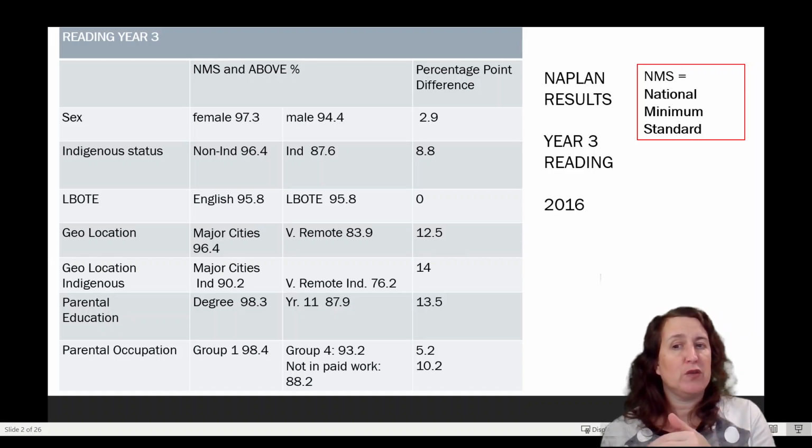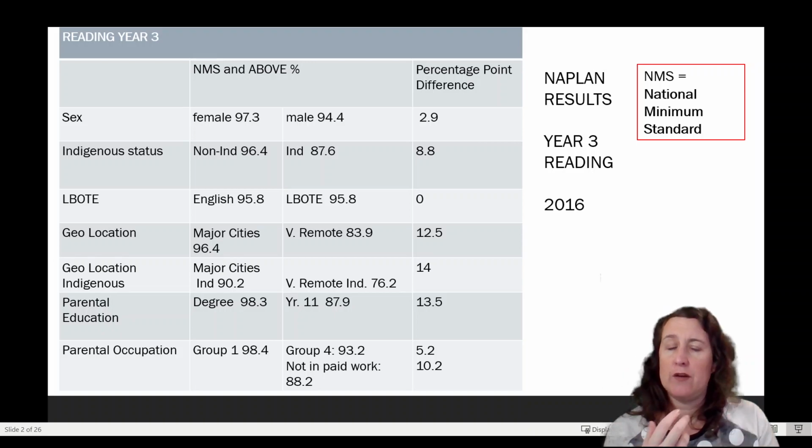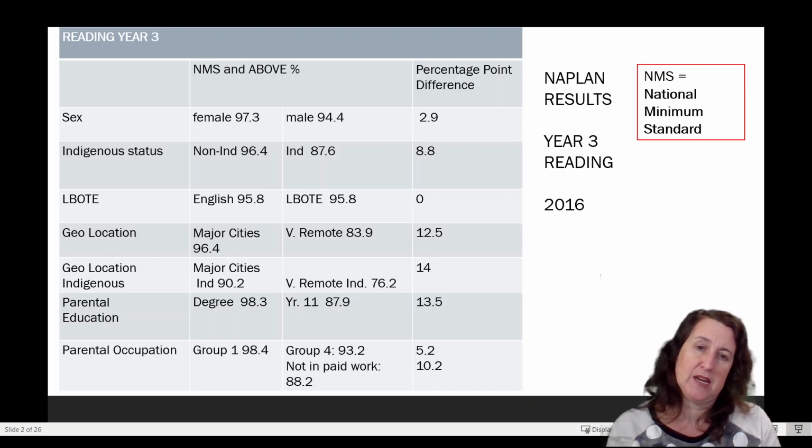So it's not just to do with parental education, but also parental occupation can have an impact on whether a child is likely to be meeting the minimum standards or not.